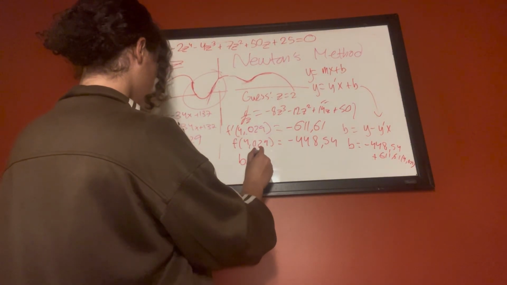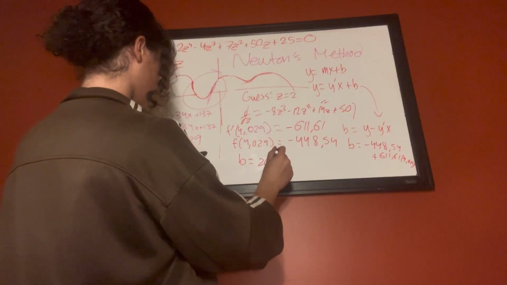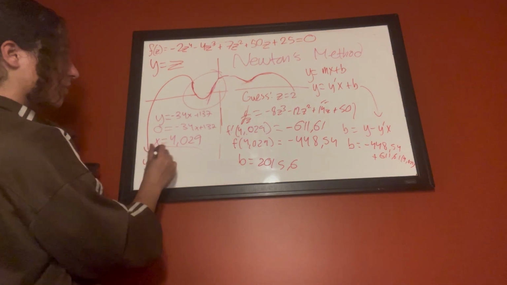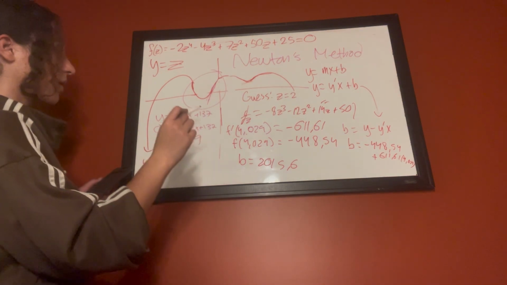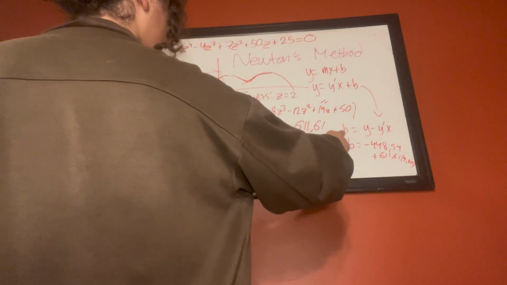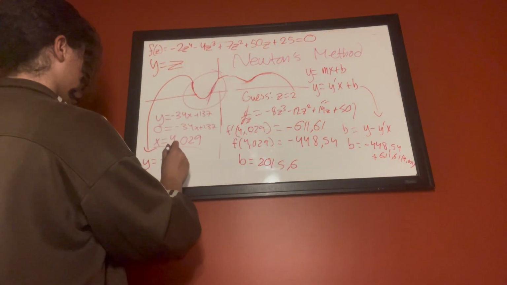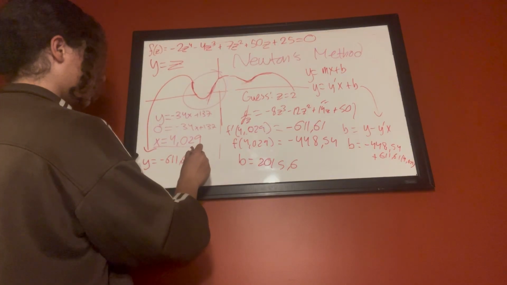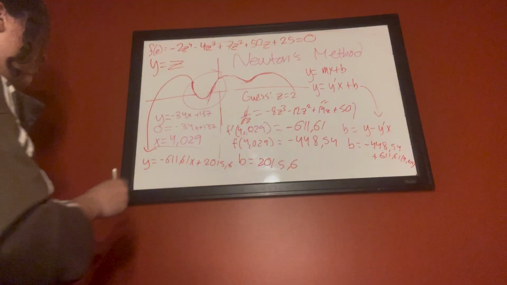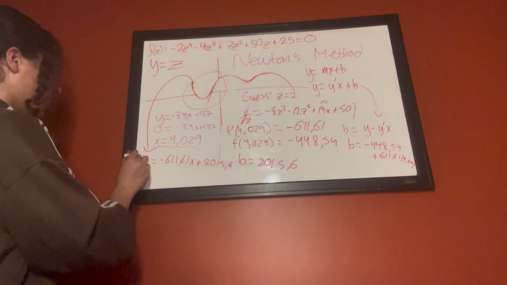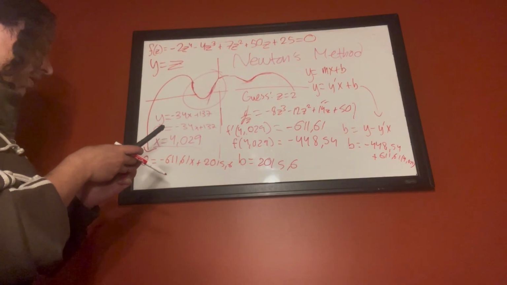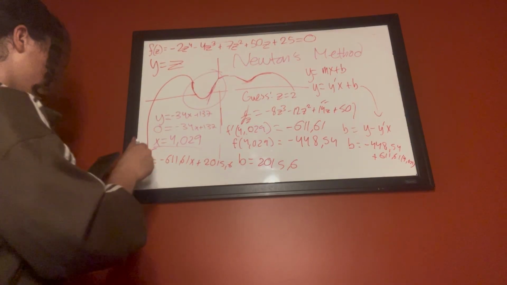I have b is equal to 2015.6. So I have y is equal to, where's my m? My m is minus 611.61x plus 2015.6. So when this is equal to 0, x is 2015.6 divided by 611.61. Okay, that's not that bad.